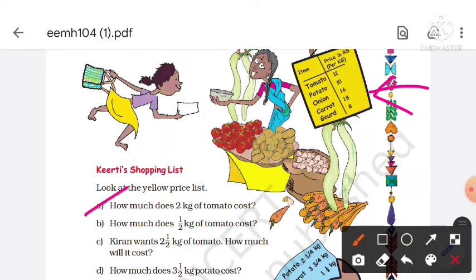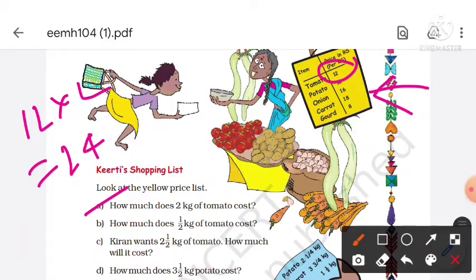So the first one is, how much does 2 kg of tomato cost? 1 kg of tomato is 12, so for 2 kg it will be 12 into 2, that is 24 rupees.